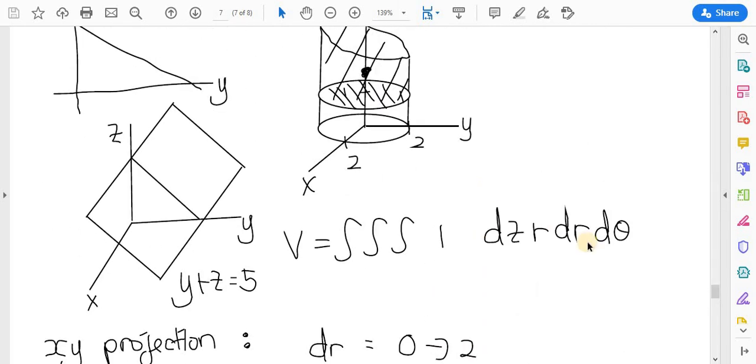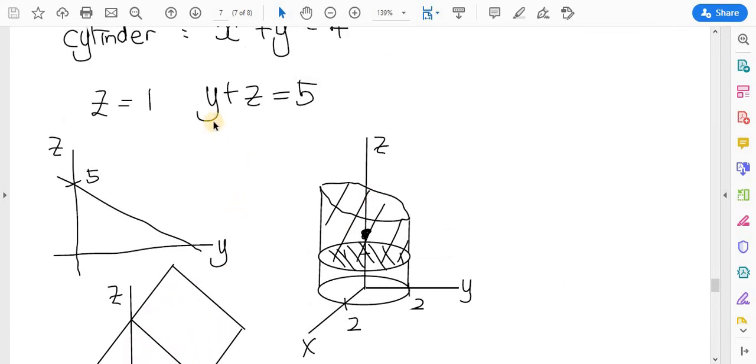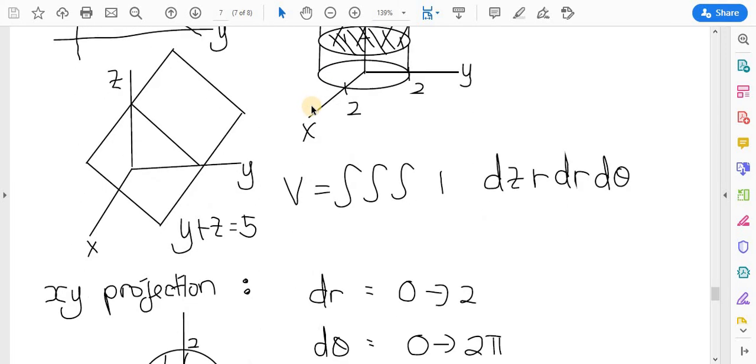Then for the dz interval, you need to imagine yourself sitting inside this solid. When you look down, you see z equals 1. When you look up, you see this plane, the surface cut by this plane, and the equation of this plane gives z equals 5 minus y.